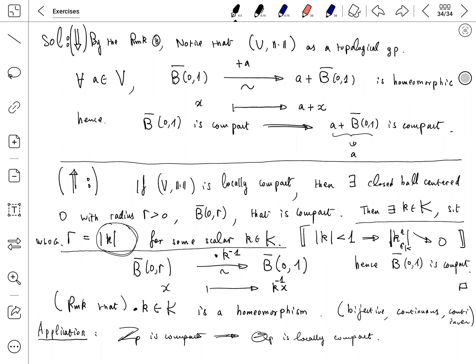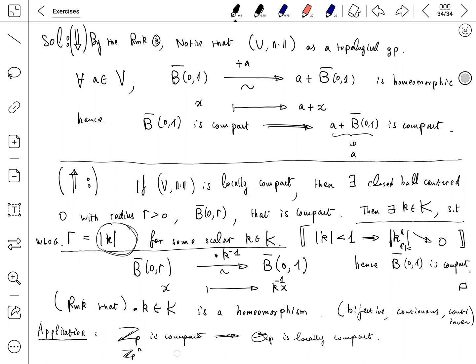And this works for a finite dimensional QP vector space endowed with the product topology, for example, right?